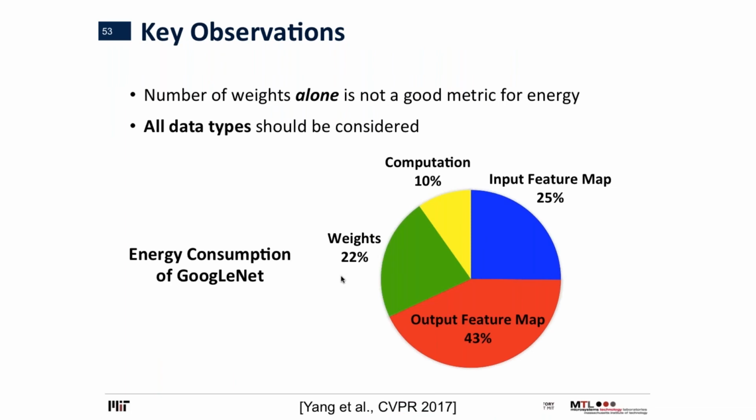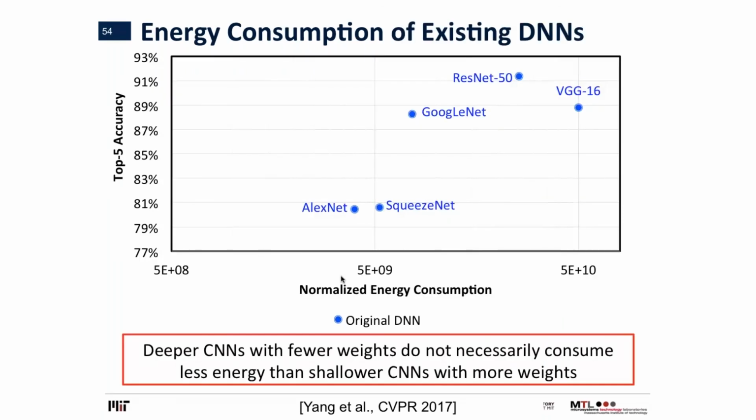If we use this energy model to profile the different CNNs that we talked about so far, we can see an interesting trend. Shown here below is the energy consumption on the horizontal axis and the accuracy on the vertical axis. Basically, the closer we move to the top left-hand corner, the better we are. What we can see first of all is that deeper CNNs with fewer weights don't necessarily consume less energy than shallower CNNs.